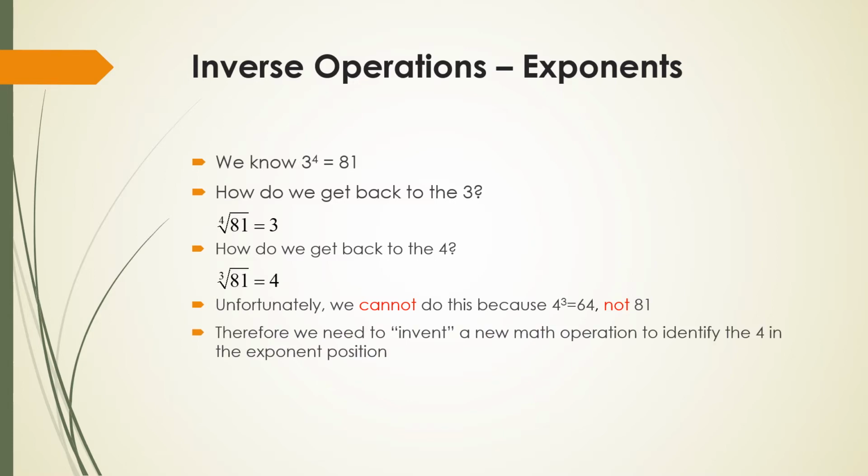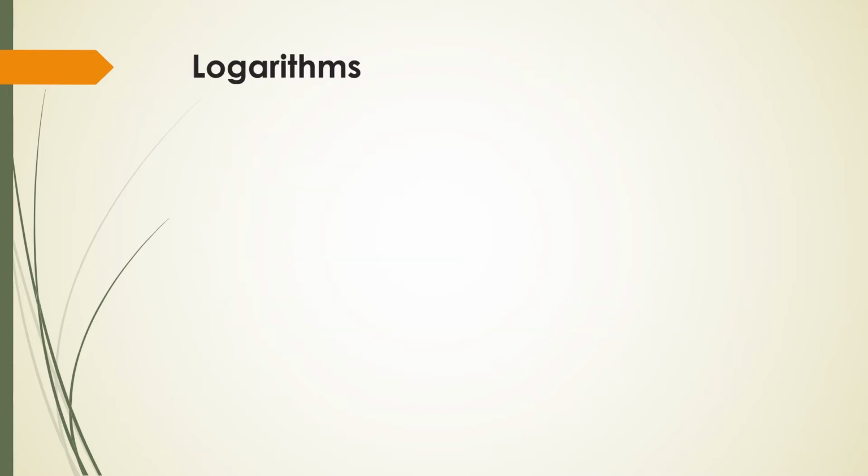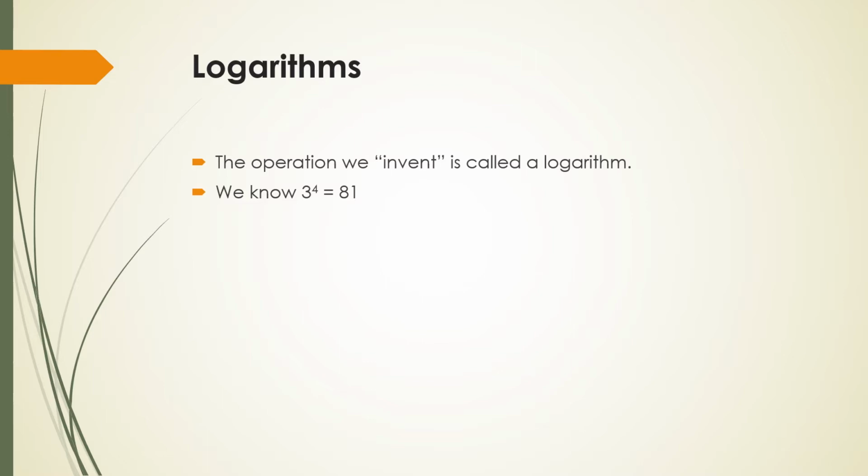So mathematicians said, okay, how can we get back that exponent? How do we know what math I can use to get the exponent? So, mathematicians, we invent a new math. So here you go. It's called a logarithm. A logarithm says that when we know 3 to the 4th power equals 81, and let's say I didn't know what the exponent was, that is what we use.